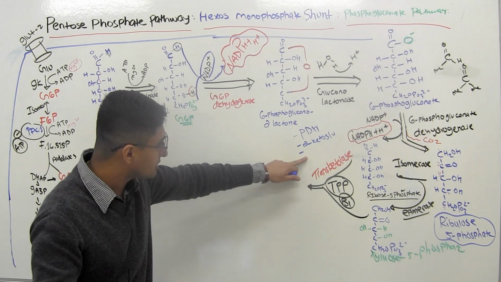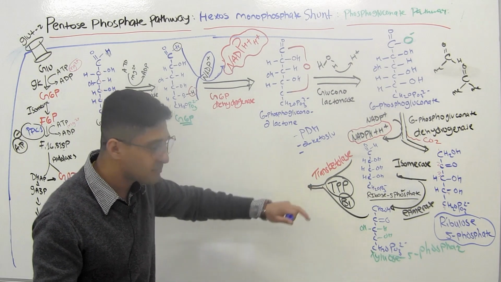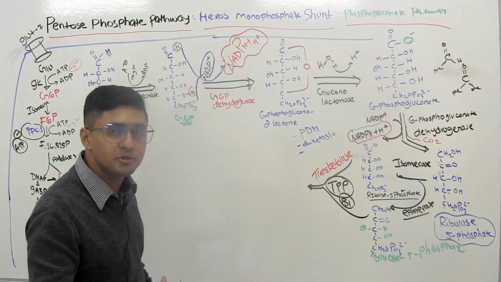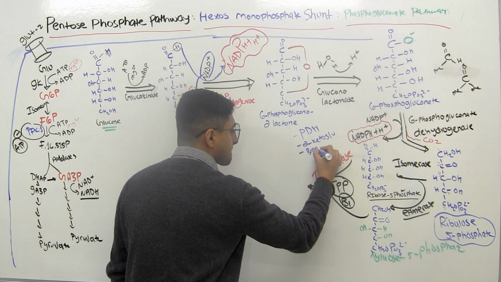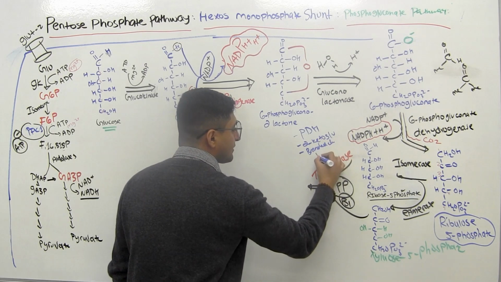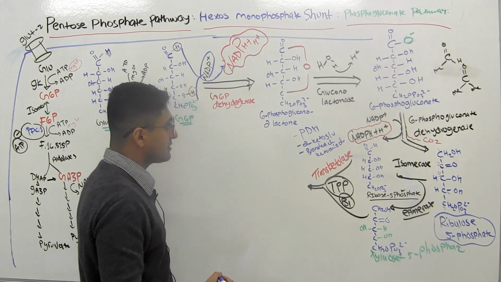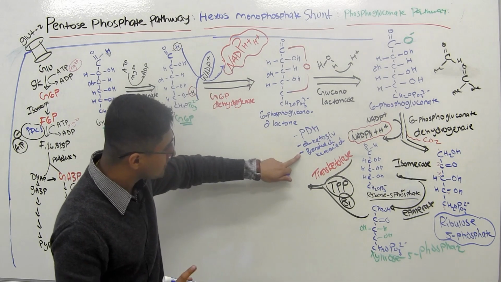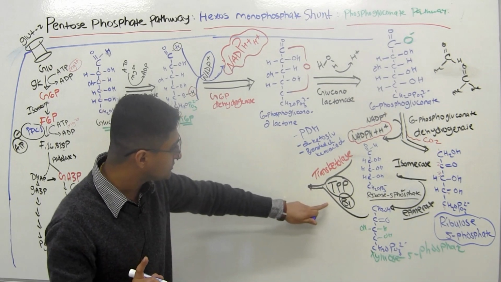You know, they also require this thiamine pyrophosphate. That is going to be your branched-chain keto acid dehydrogenase. These 3 compounds, guys, all of them require this TPP, which is thiamine pyrophosphate.